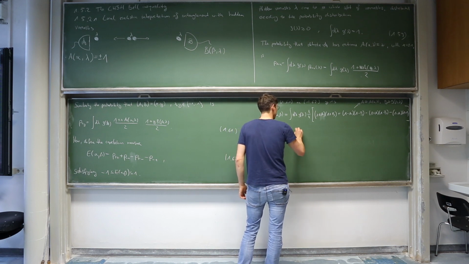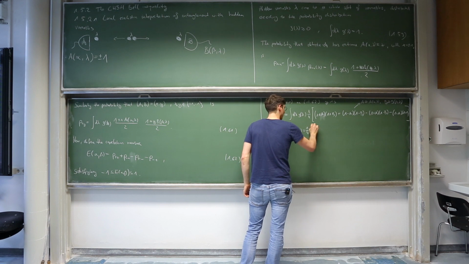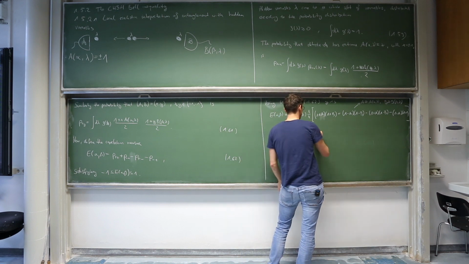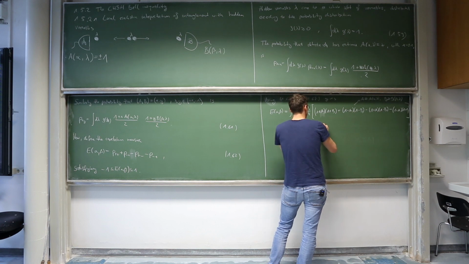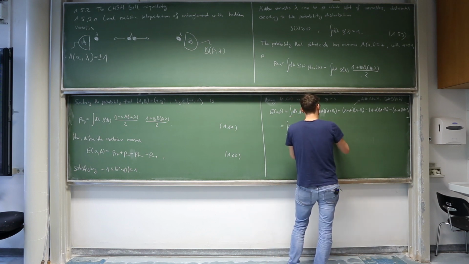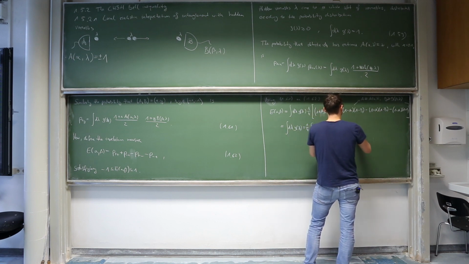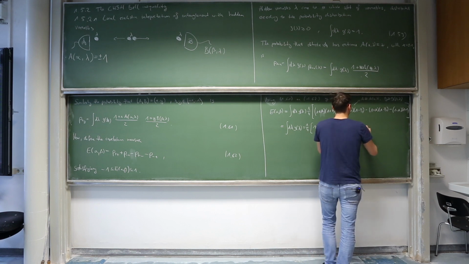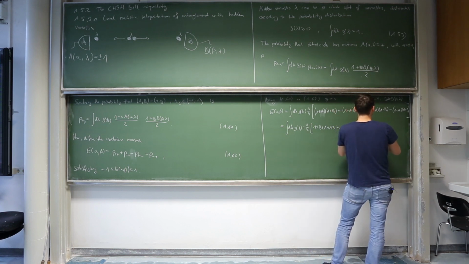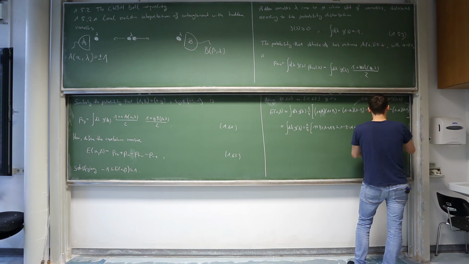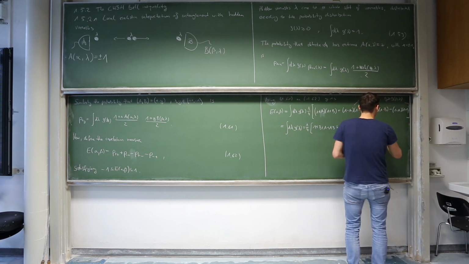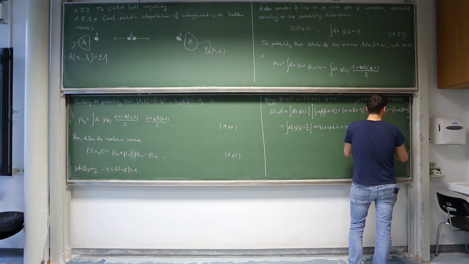So let's simplify this. If you multiply this out, this gives 1 plus b plus a plus ab. This gives 1 minus b minus a plus ab. This gives minus 1 plus b minus a plus ab. And the last term gives minus 1 minus b plus a and plus ab.